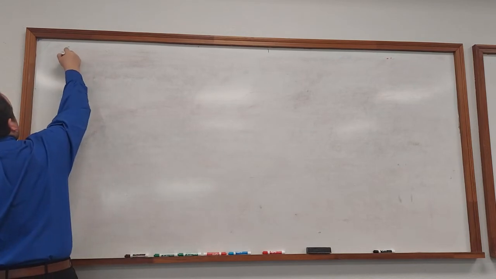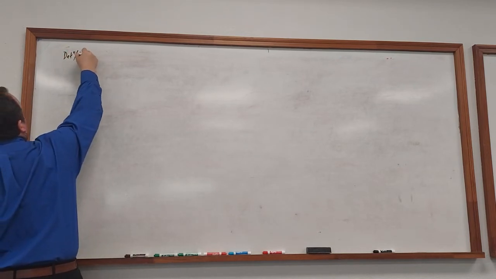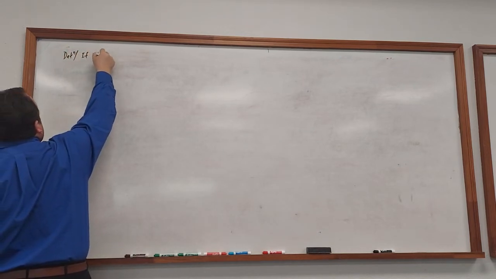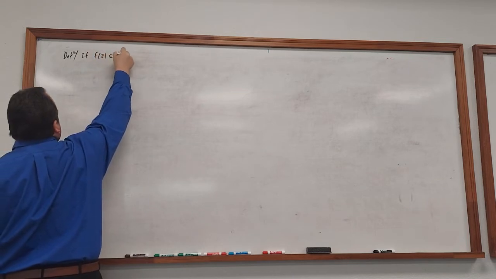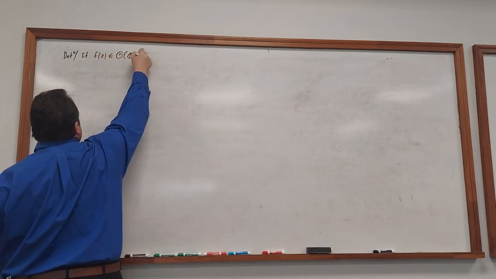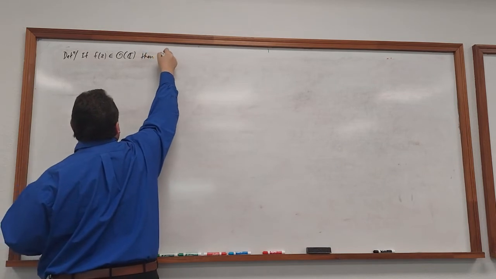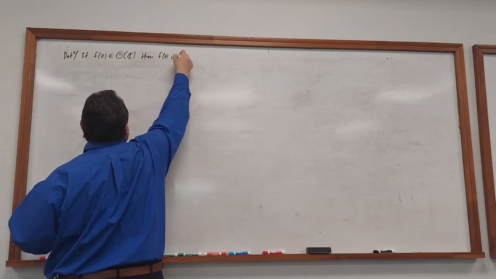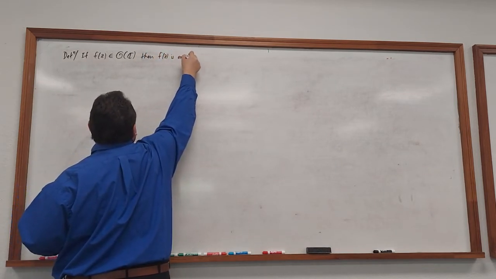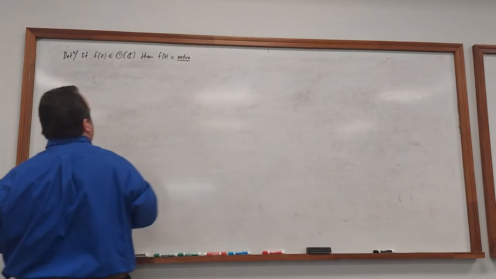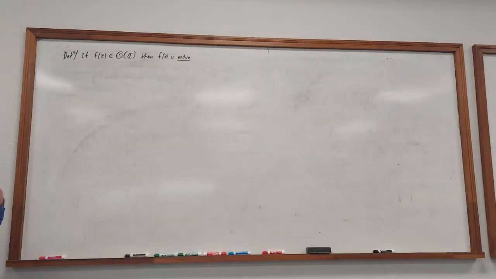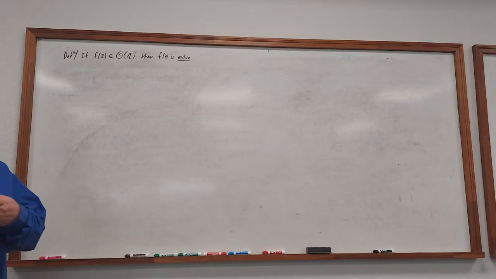So again, definition: if f of z is holomorphic on the entire complex plane, then f of z is entire. An entire function is one which is analytic on the entire complex plane.